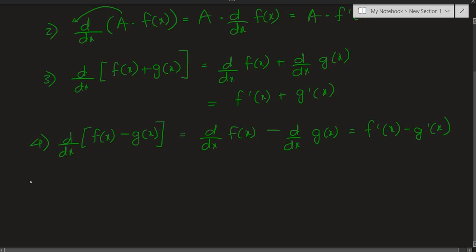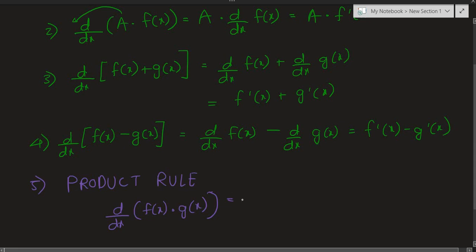Now property number 5 is what we call the product rule. Well, we talked about addition, we talked about subtraction. What about multiplication of two functions, the product of two functions? Say you have the derivative of f of x multiplied with a second function g of x.